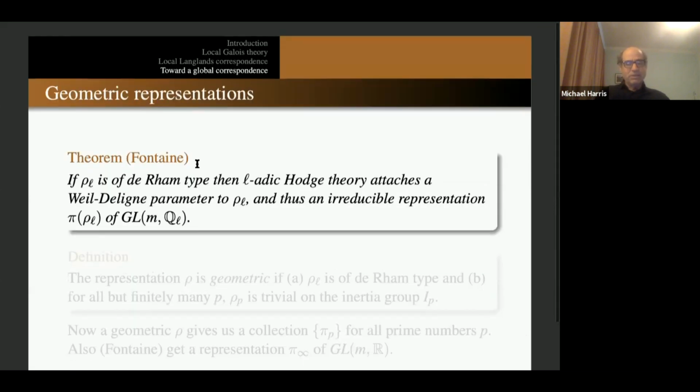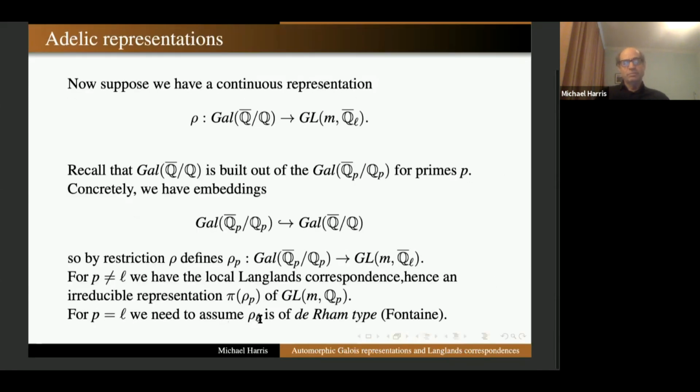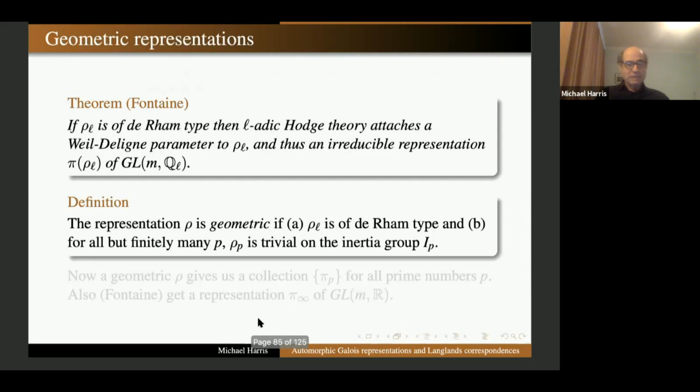Now, let's return to our original continuous representation rho. We have its pi of rho p. I just said that Fontaine gives us a pi of rho L. So, a new definition.